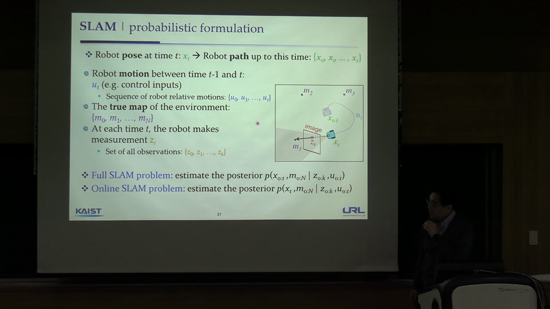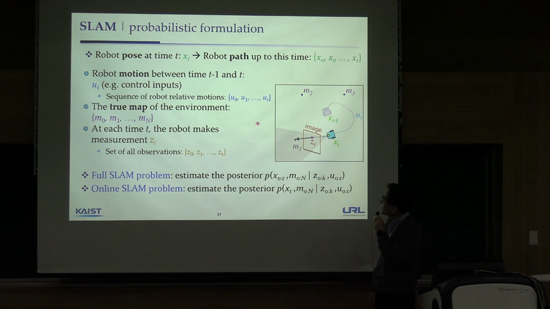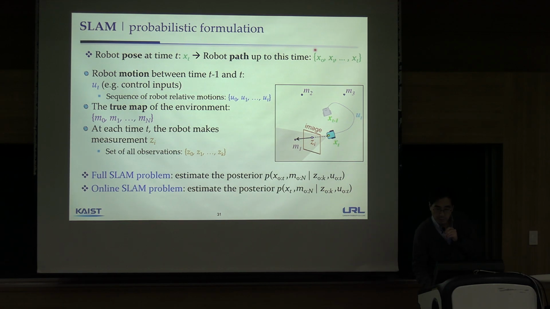So this shows another formulation of the SLAM. We start from X_T, and we can formulate the robot trajectory from X_0 to X_T, and we have the control input U_T, and the map of this environment from M_0 to M_N.